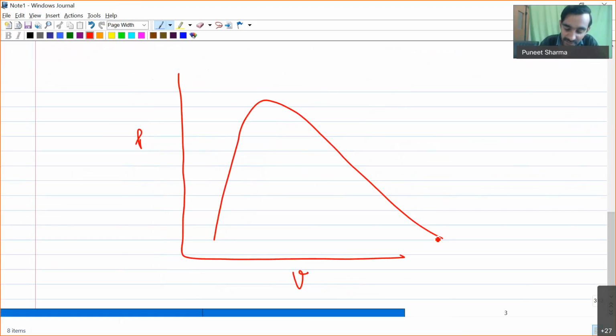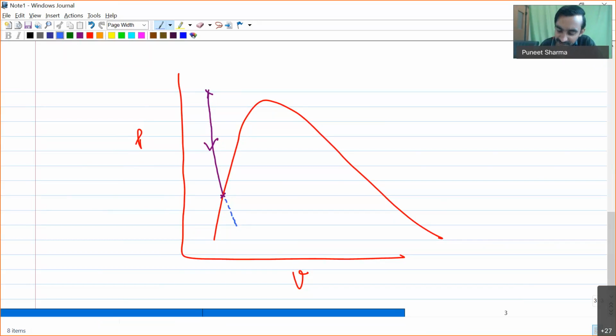So I told that we have started from this particular point and we have started decreasing the pressure. Because of that, we are having a slight increase in specific volume, particularly corresponding to the situation where we have a saturated liquid state. Now at this point, if I further decrease the pressure, what will be happening?